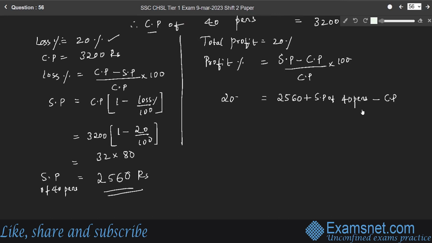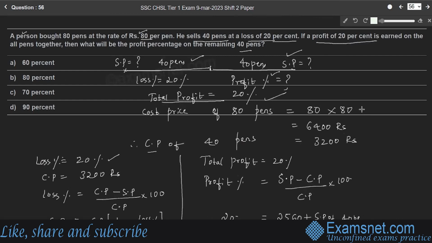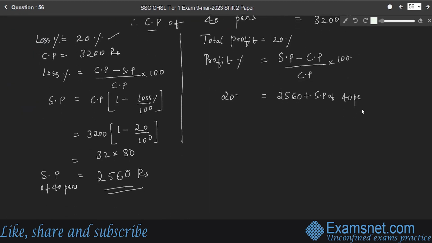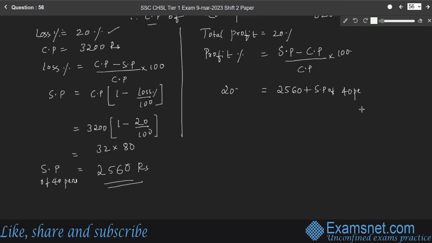So what is cost price here? Cost price of all 80 pens, right? So it is 6,400 rupees, right? So minus 6,400 over the cost price 6,400 into 100, right? So you can cancel 2 zeros here.